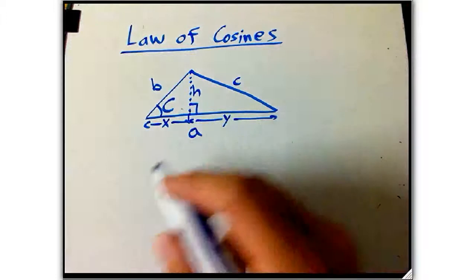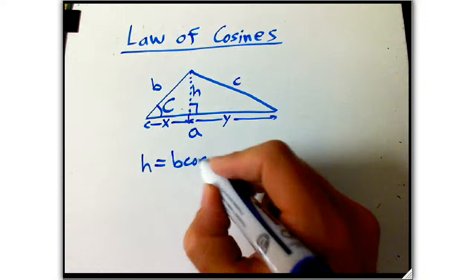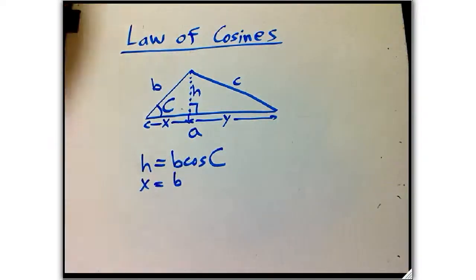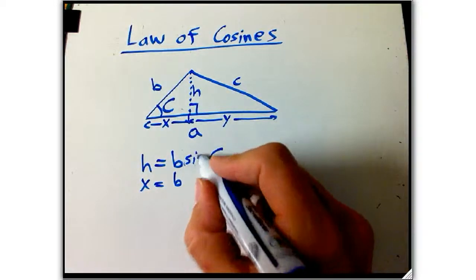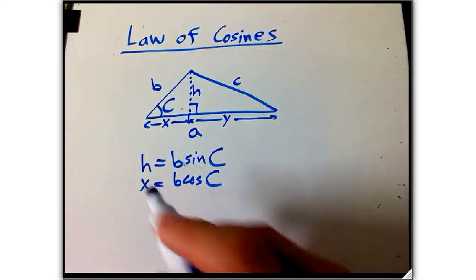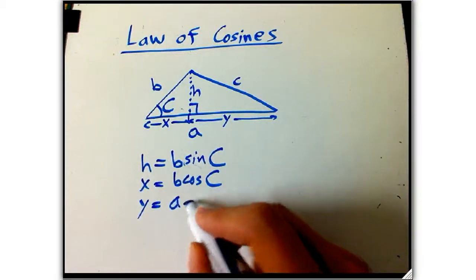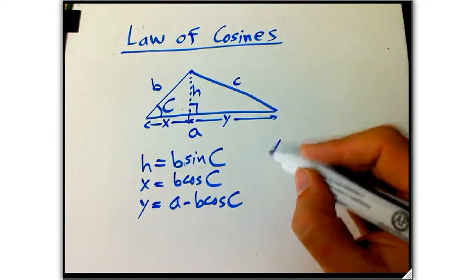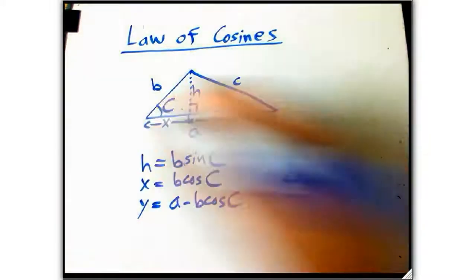We get that h is b sine C, because it's opposite, and x is b cosine C. Then y is going to be a minus b cosine C, because x plus y equals a, or y is a minus x, just by the distance along the line here.